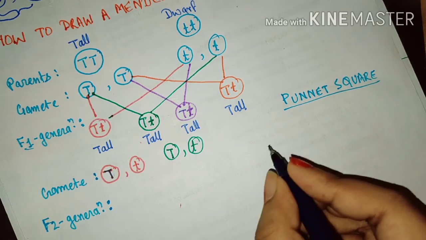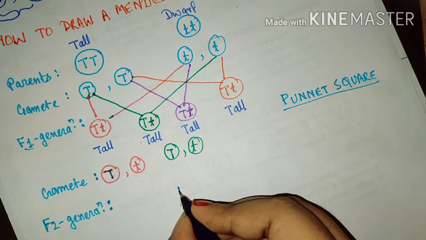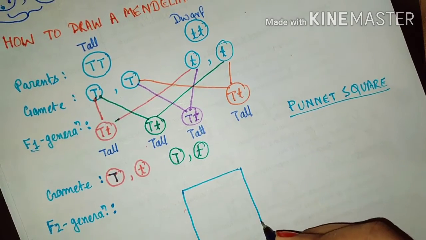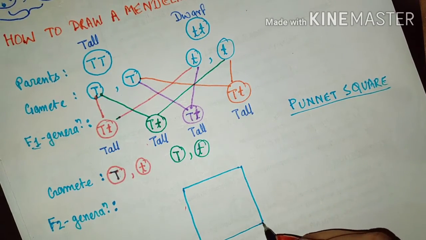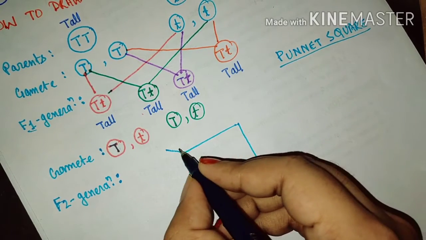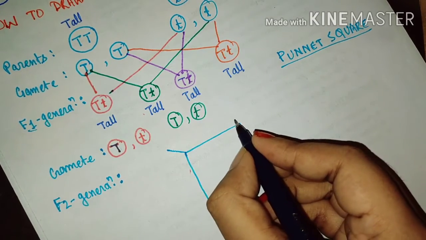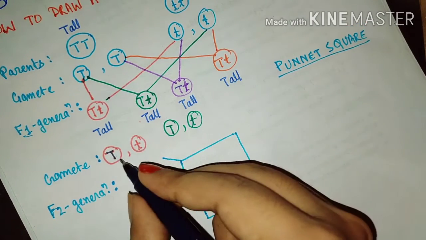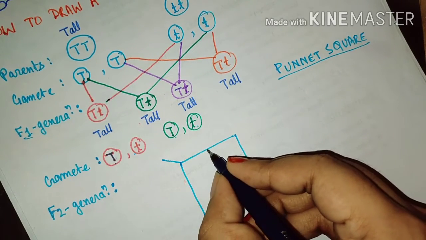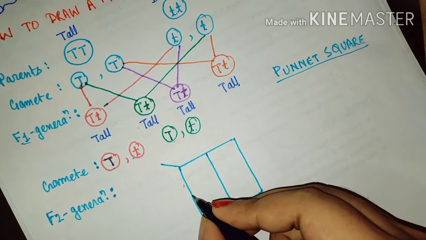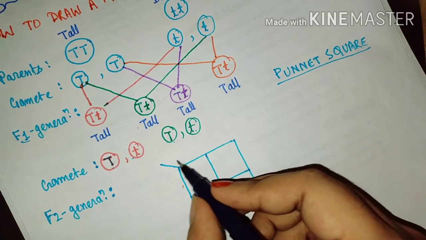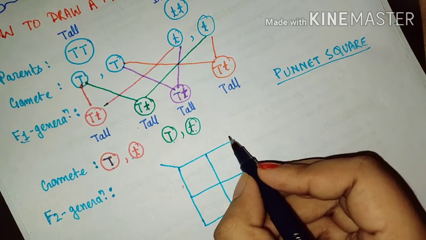So in the Punnett square, at first you have to draw a square. Okay, fine. So after the square, on this side the male gametes will be represented. Before that you have to count how many gametes are there. 1, 2, 3, 4. 4 gametes are there. So you have to divide this into 4 boxes. Now on this side the male gametes will be represented.